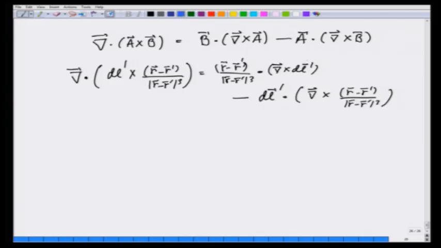Notice that dL' is with respect to variable r', and this differentiation is with respect to r. So, this term goes to 0.